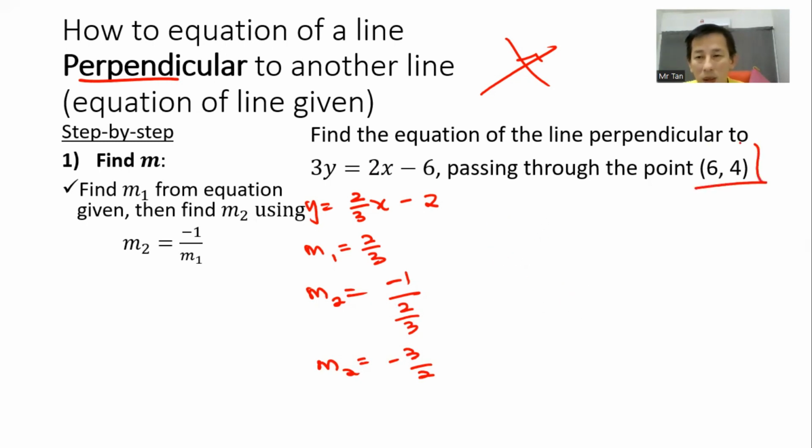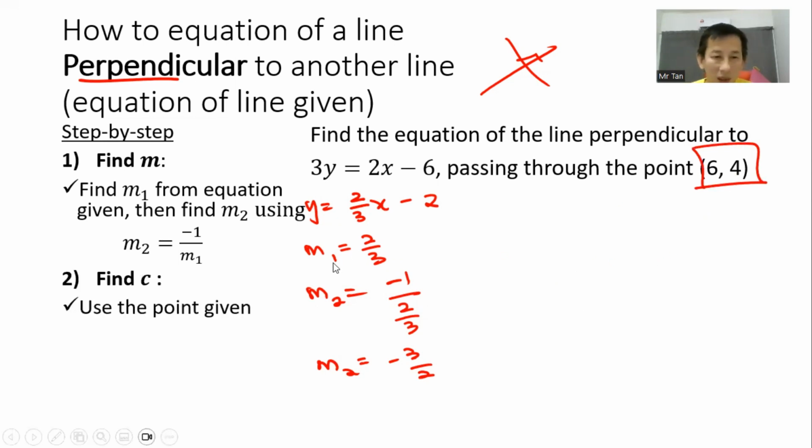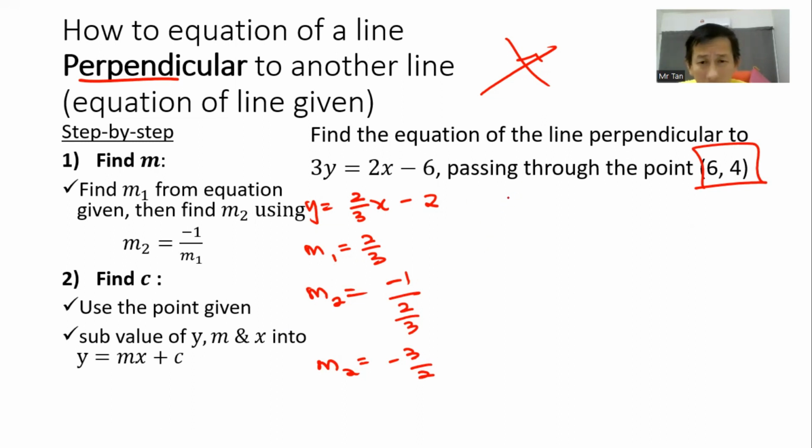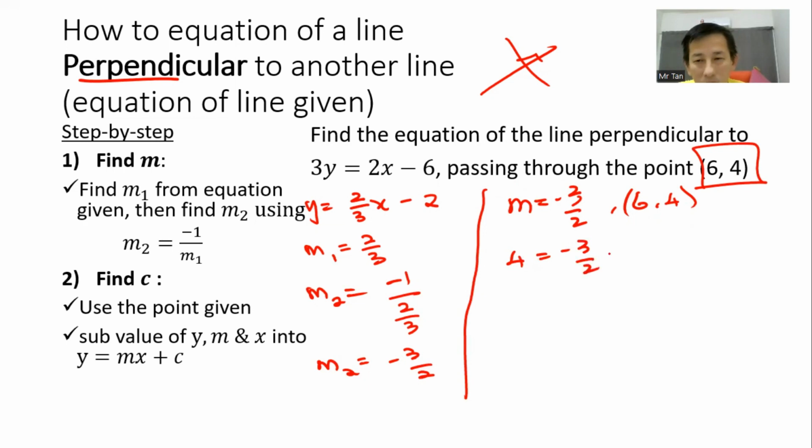And they give you the point (6, 4), therefore just use the point. To find the c, we always use the point given. We cannot use other points. So your m is equal to negative 3 over 2 and the point is (6, 4). So y is 4 equal to negative 3 over 2 times 6 plus c. Cancel, you get 4 equal to minus 9 plus c.